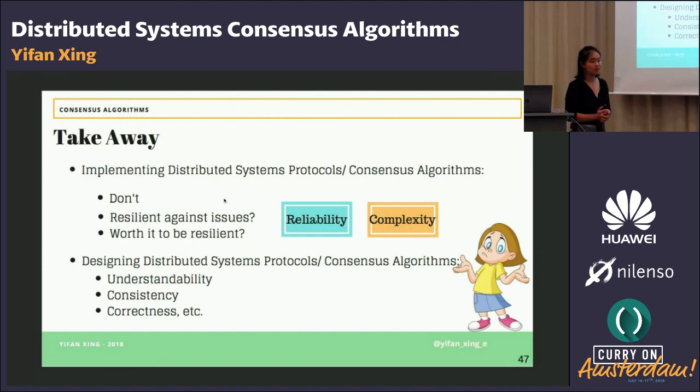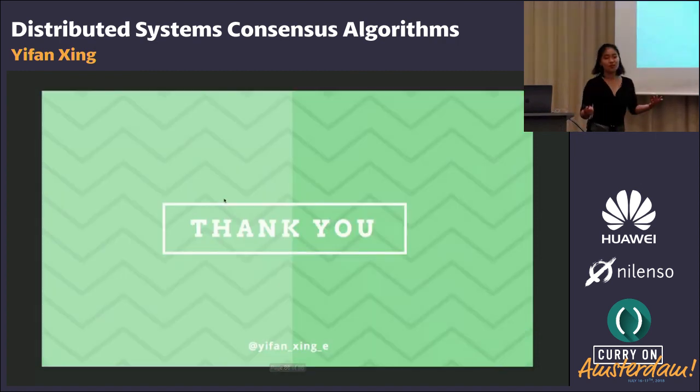So not only do we need to think about everything, including correctness, complexity, and consistency, we also need to make the algorithm understandable to people. And hopefully this talk helped you all to understand a little about how computers reach consensus between each other. Thank you for your attention.